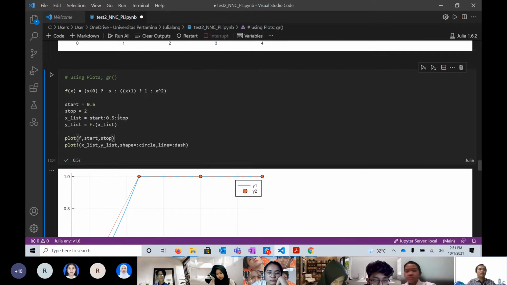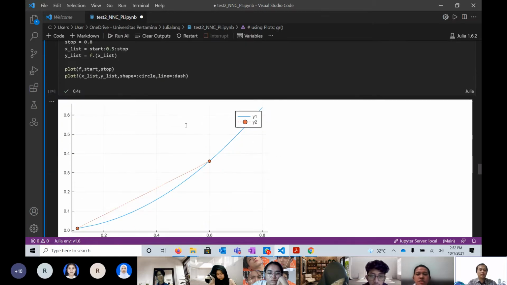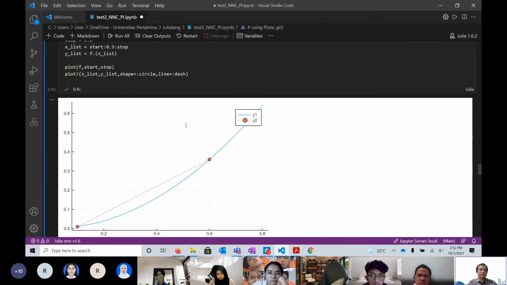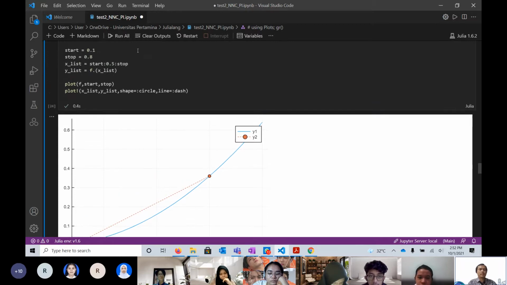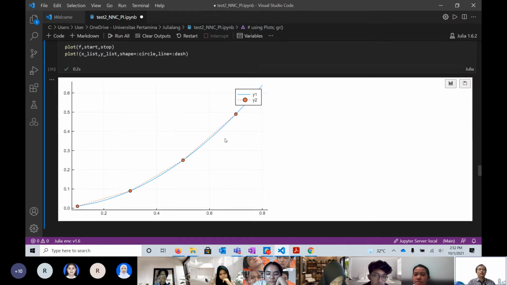Let's say if the interval of plotting is only from 0.1 to 0.8, then the plot will change again.